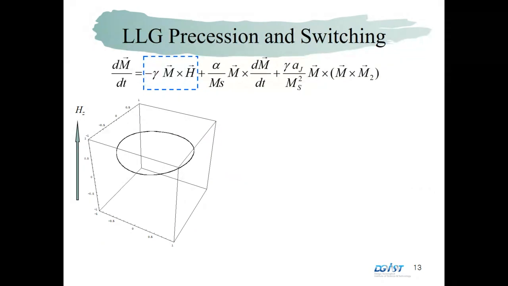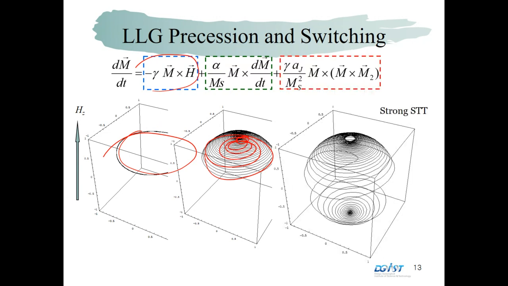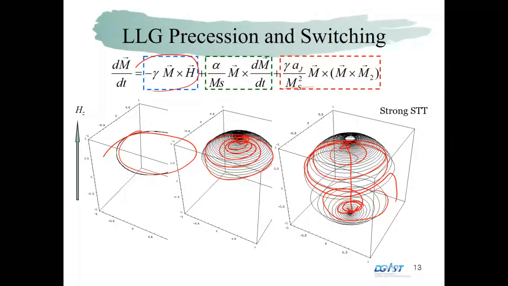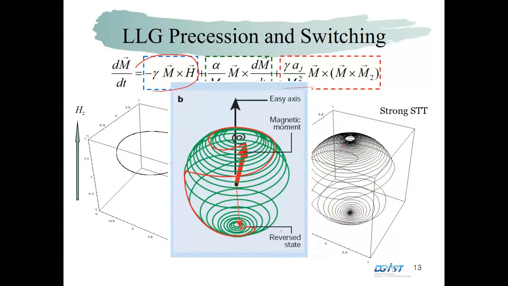Okay, so let's repeat. This precession torque generates the precession motion, and the damping torque generates the damping, and with the STT, they can switch from upspin to downspin. But as you see here, the trajectory is not simple, but somehow they can switch. Here, if we apply a current, the magnetic moment can be switched following this trajectory.